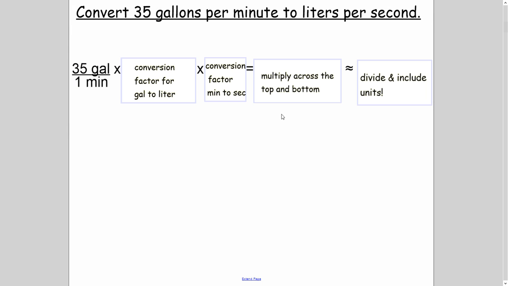All right. Convert 35 gallons per minute to liters per second. Going to get rid of gallons on the bottom and go to liters on the top. And I find that conversion on my sheet. Now get rid of minutes.